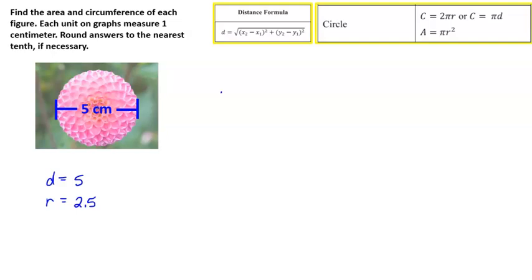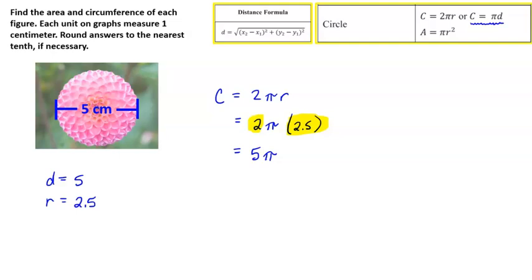So now when we do the circumference, we've got 2 pi r. That's going to be 2 times pi times 2.5. And then remember, we just multiply these two. Or notice that we have this here that we could use. Circumference is equal to pi d. And so we get pi times the diameter.